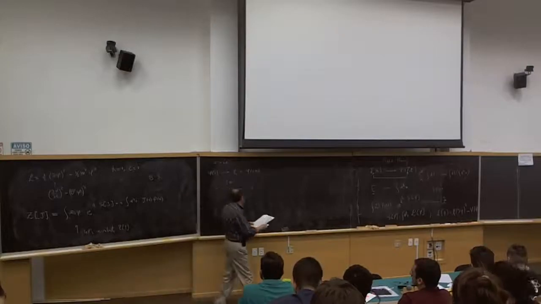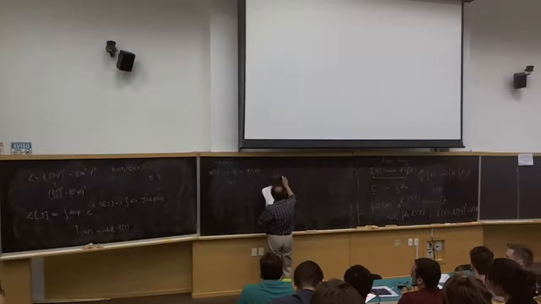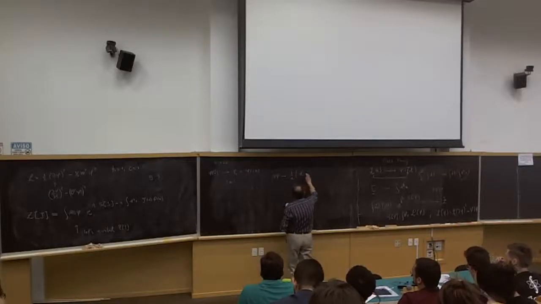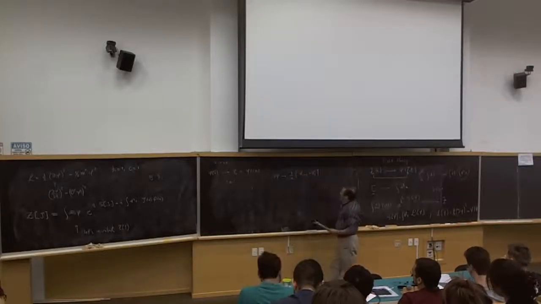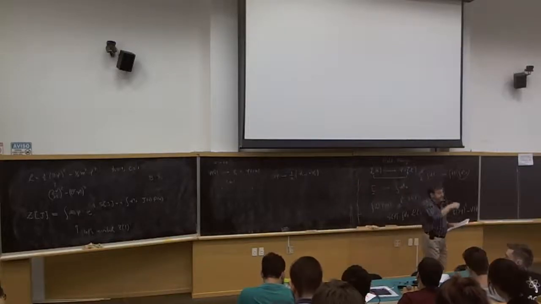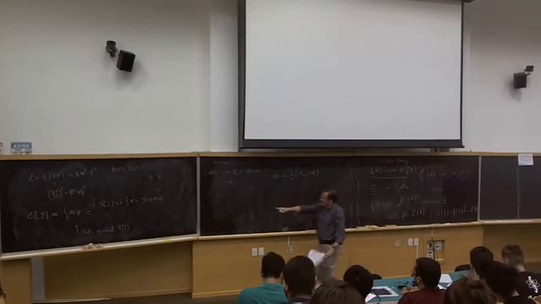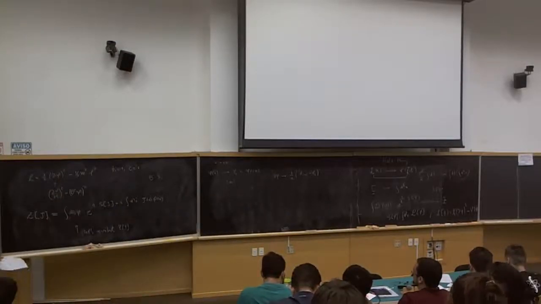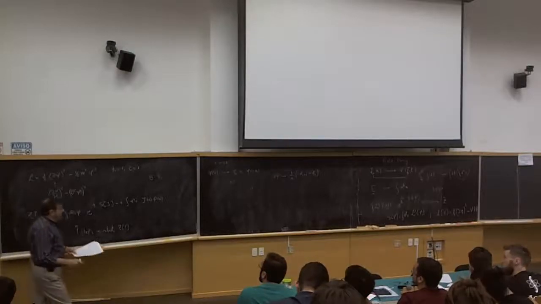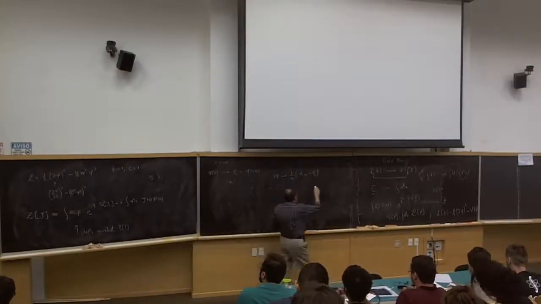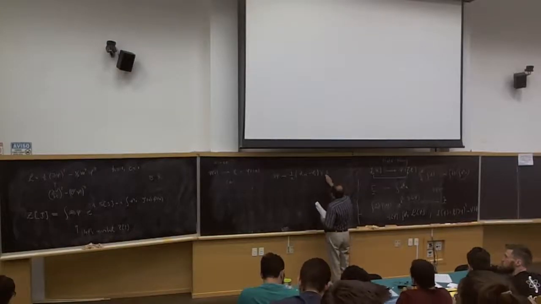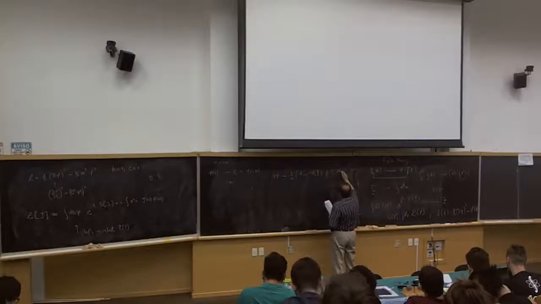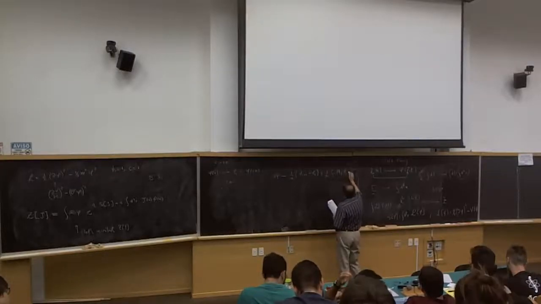So what happens? The derivative will go to 1 over a times phi_{i+1} minus phi_i, because I need the derivative here, you see? Inside here I have derivatives. And I will write this as 1 over a sum over j of M_ij phi_j.